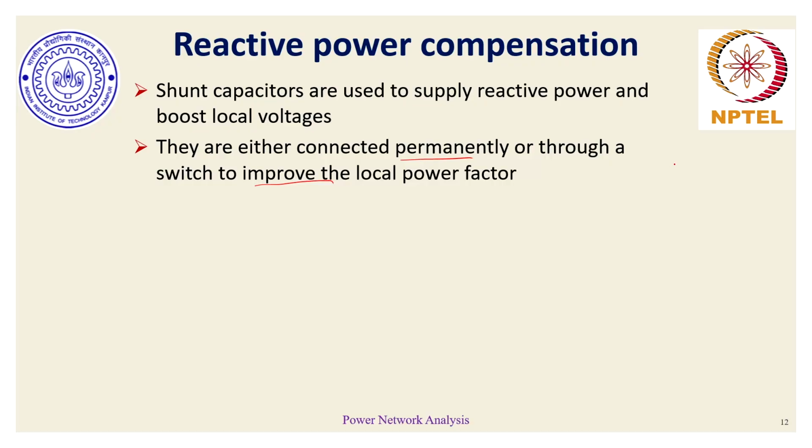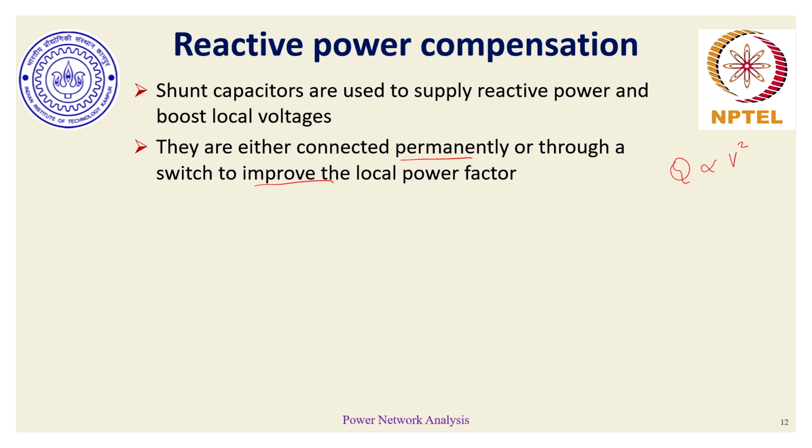The issue with these shunt devices, be it an inductor or a capacitor, is that the corresponding reactive power compensation which is needed, whether generated or delivered, is essentially proportional to the square of the voltage magnitude at the point where these devices are connected.